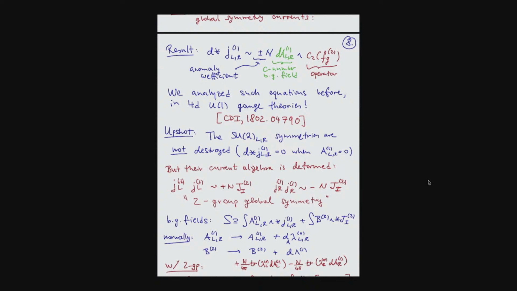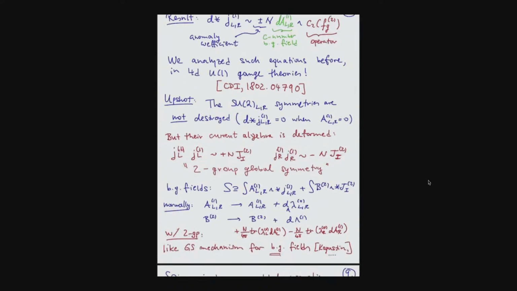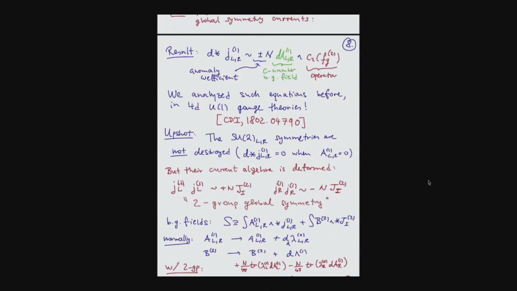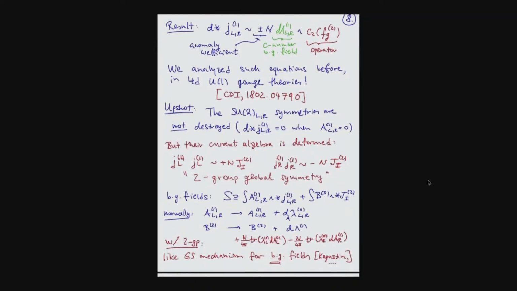So this is a fusion rule of currents, which is perfectly consistent and which allows ordinary symmetries and higher form symmetries to mix in current algebra. And this is one manifestation of the fact that this theory enjoys a certain kind of global symmetry that is mathematically known as two-group global symmetry. Now, the usual mathematical presentation of two-group symmetry looks very different from the one that I've given you, but it'll become a little more clear in a second once I discuss the background field.